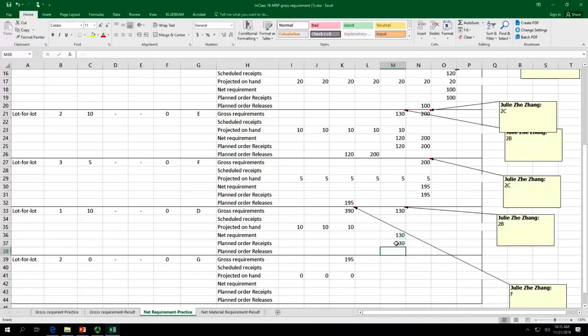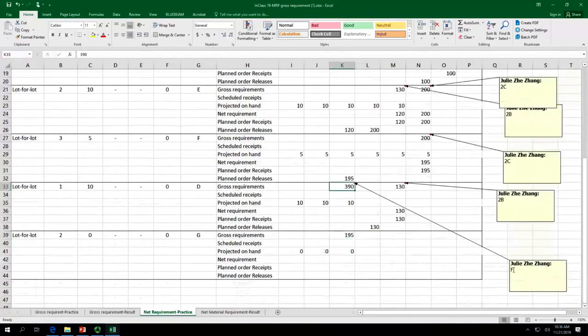And it needs 1 week lead time for D, so this is 130 as well. This part is associated with the B requirement, 130, and these 130 Ds need to get ready by the end of the week.